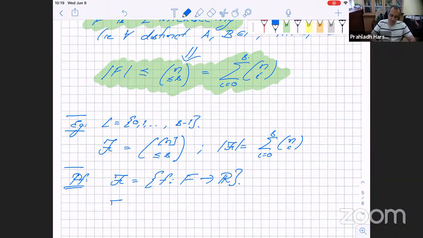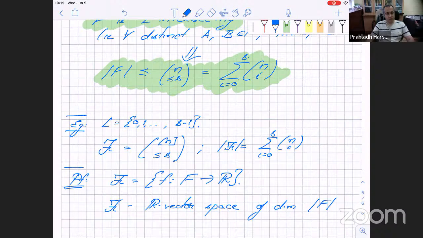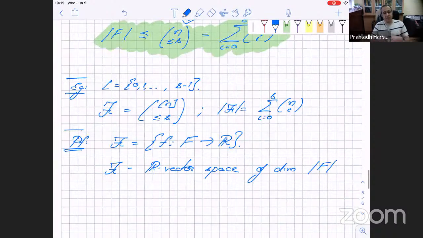Once again, F is an R vector space of dimension exactly the size of f. Now I want to say that F can be spanned by a small set of polynomials.